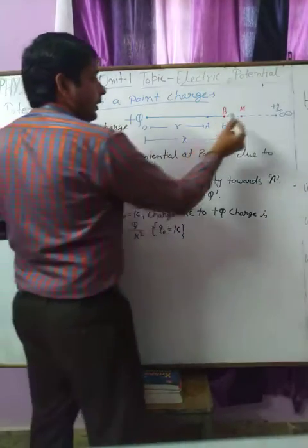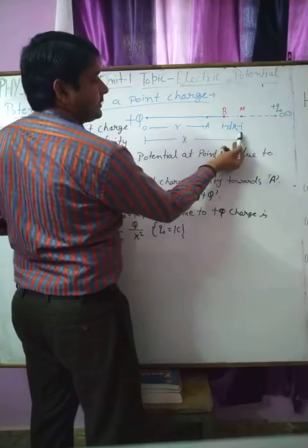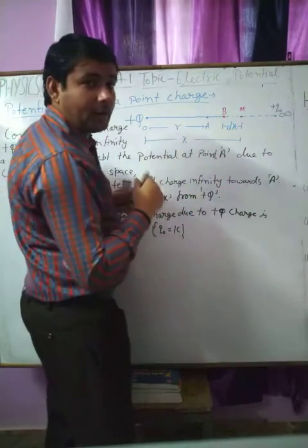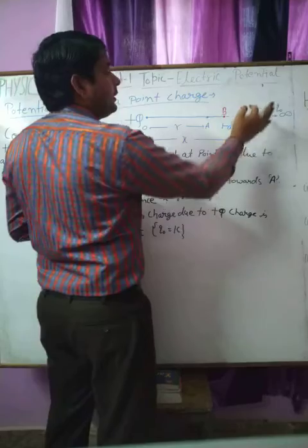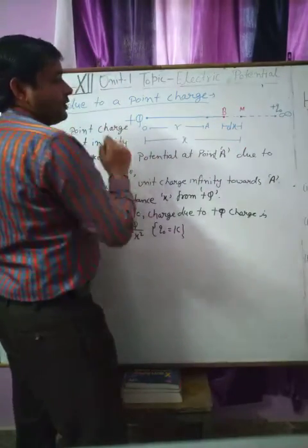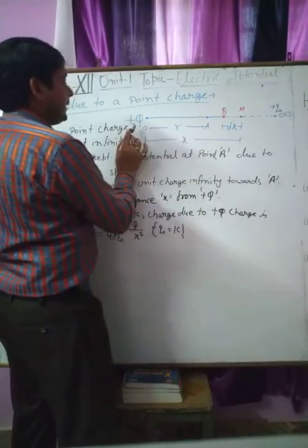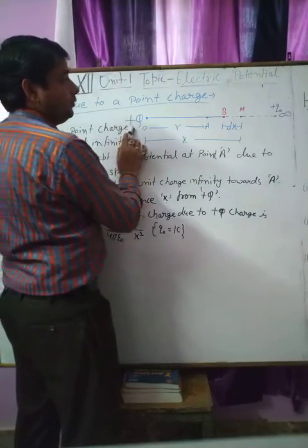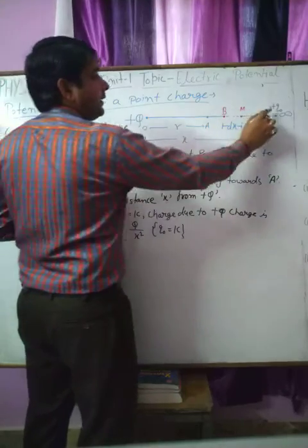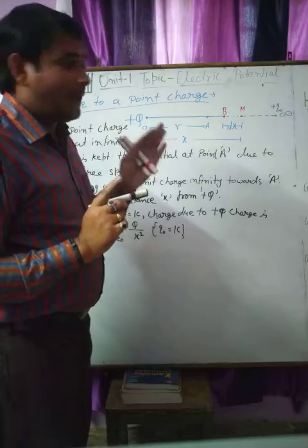Let from M to point B a small distance dx be covered against the force. This is the repulsive force because the point charge plus q and the test charge are both positive. So like charges repel each other.